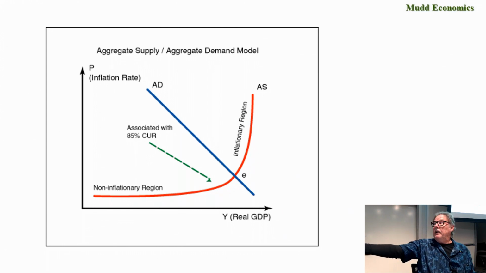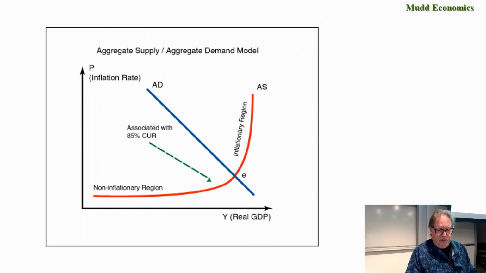So if you're down in through here, we're not at this intersection point labeled as E for the equilibrium. But if this economy had been in a recession and the demand curve was down in through here, this implies that you can increase aggregate demand through here and have substantially high growth rates without much danger of inflation.